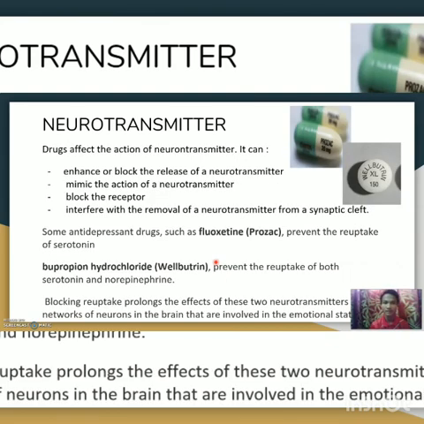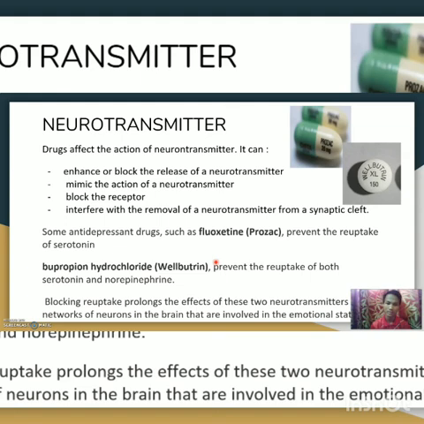Next, drugs affect the action of neurotransmitters because they can enhance or block the release of a neurotransmitter, mimic its action, block the receptor, or interfere with the removal of a neurotransmitter from the synaptic cleft. Some antidepressant drugs, such as fluoxetine (Prozac), prevent the reuptake of serotonin.